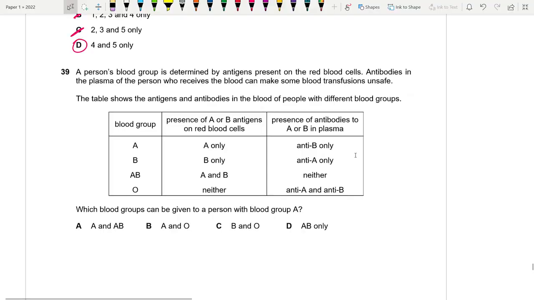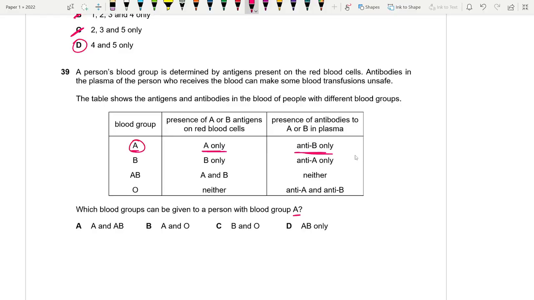Next, a person's blood group is determined by the antigens present on the red blood cells. I talked about this in paper 1.1 and 1.2. Which blood can be given to a person with group A? Basically, for group A, it's important that we look at the antibody of the recipient.